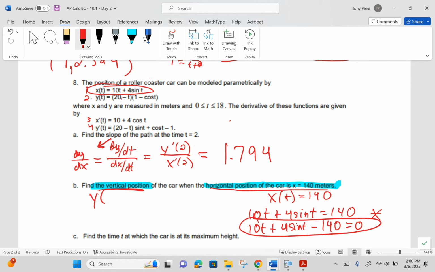Okay. If you don't find your graph, it is because what does our window need to be? Just set it to what, to make your life the easiest? 0 to 18. Okay? And then that way you're only looking at the window you're concerned about. So you can go to your x min, make it 0, make your x max 18.